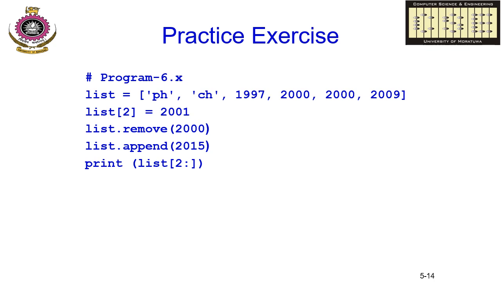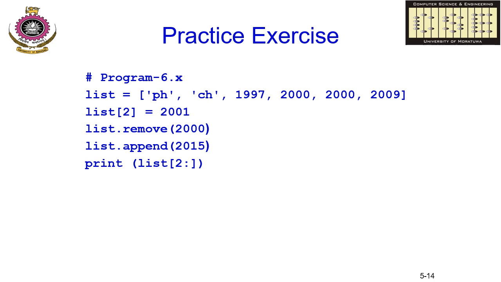The 2000 element should be removed. However, you will notice that there are 2 items with value 2000. So it will be interesting to see what happens when you call the remove function on 2000. Would both these items be deleted, or just one of them? That will be interesting to check.